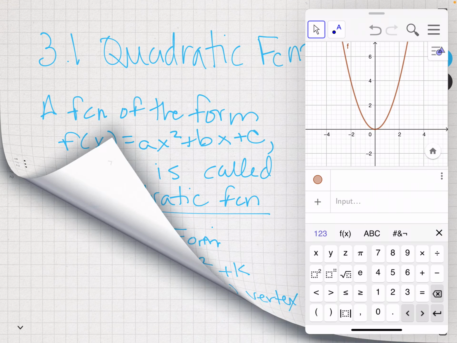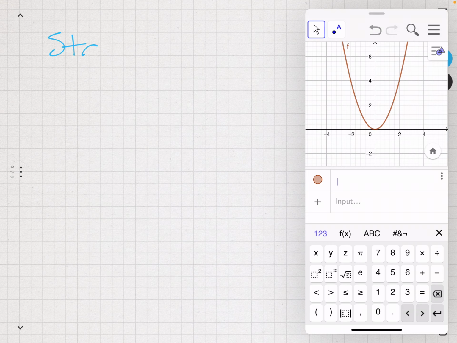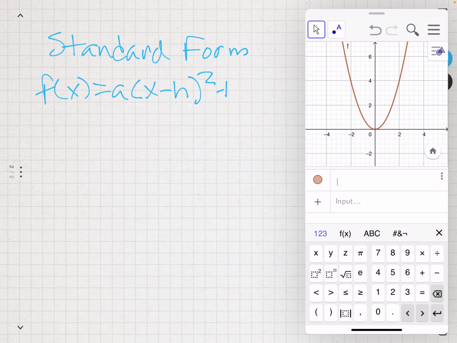So we have slide 2, standard form. f of x equals a times (x minus h) squared plus k. We have some important characteristics. (h, k) is the vertex.